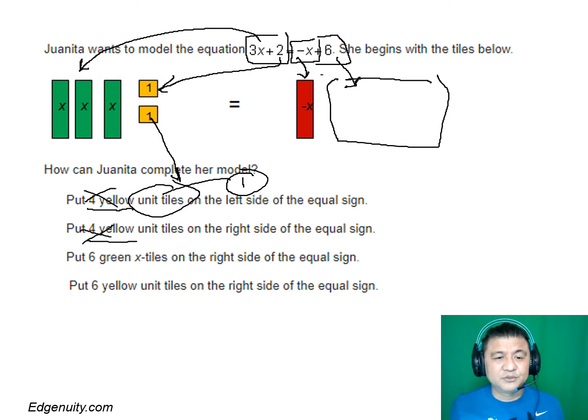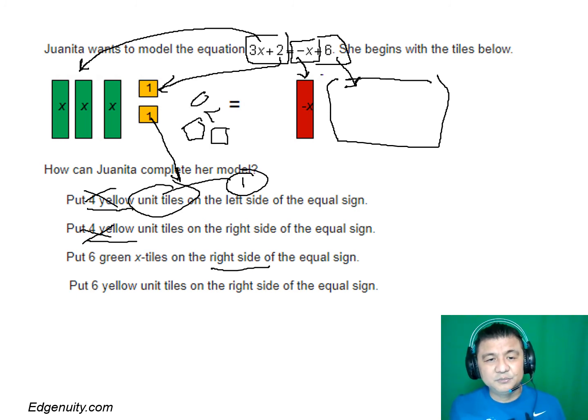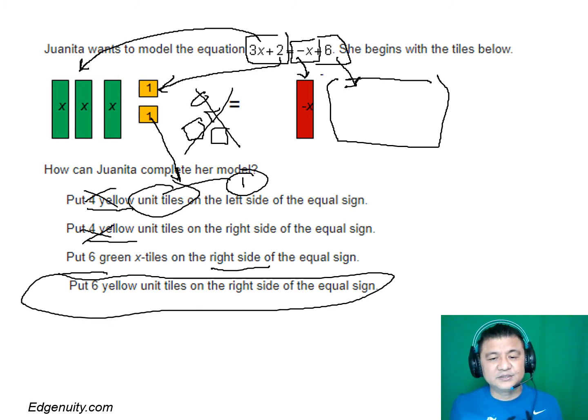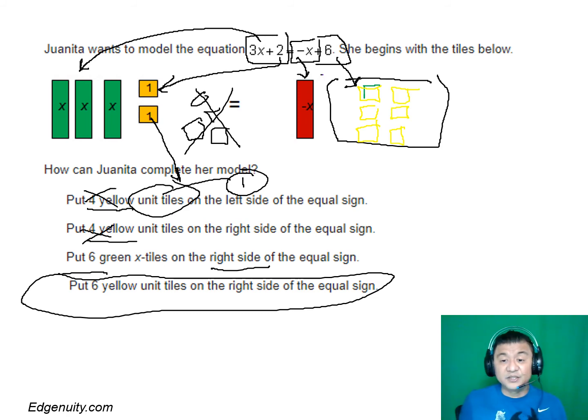Will I put 6 green tiles on the right side? No, because it should be yellow. So the correct answer is this. How many will we put? Yellow tiles, not green. 1, 2, 3, 4, 5, 6. And that's how you model the equation.